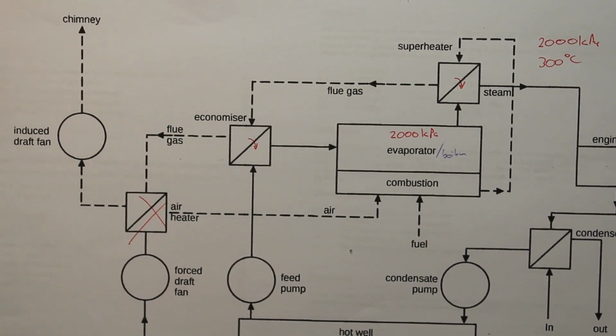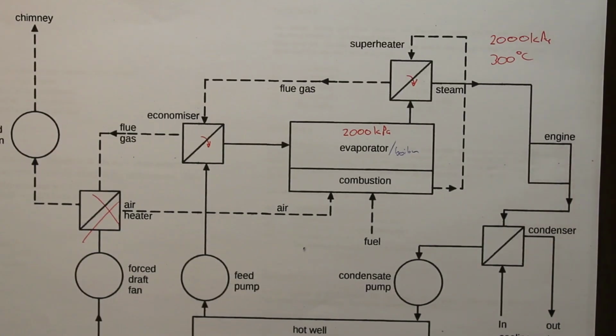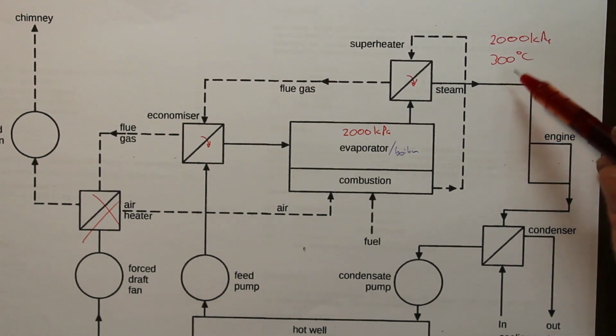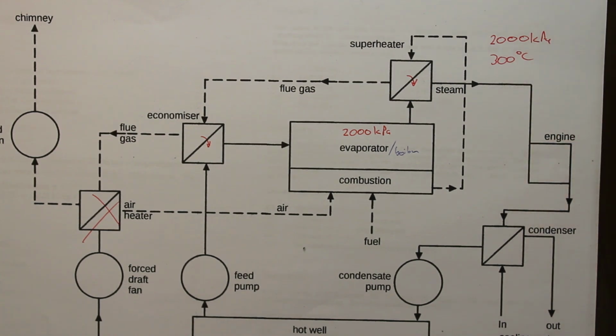And then they tell us about the pressure of the steam that leaves this plant, and they say that it's 2 megapascals. So the steam that leaves the superheater is leaving at 2 megapascals, which is also 2000 kPa, and the temperature of that steam is 300 degrees centigrade.